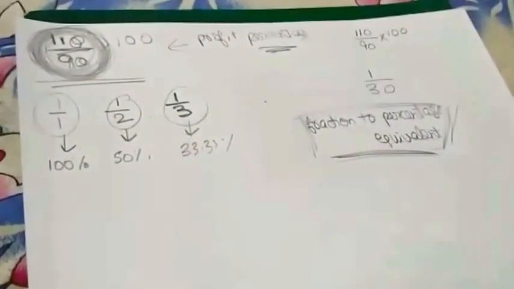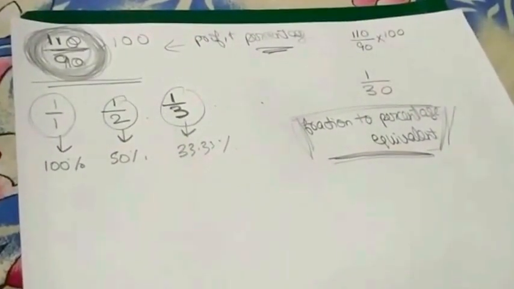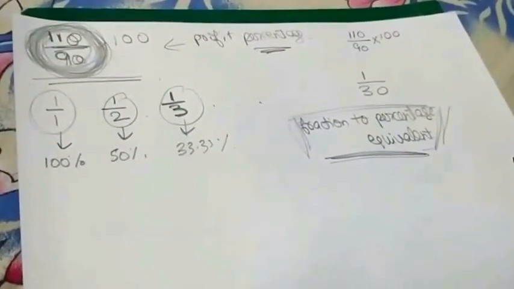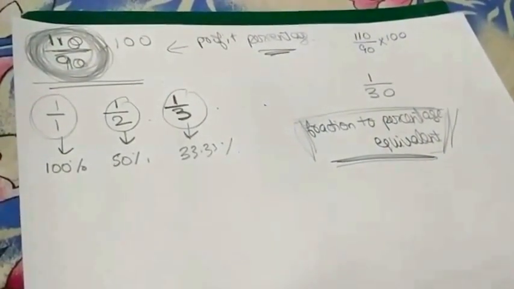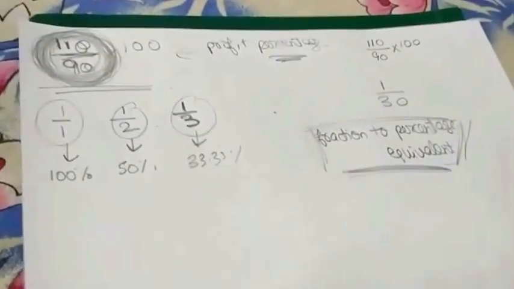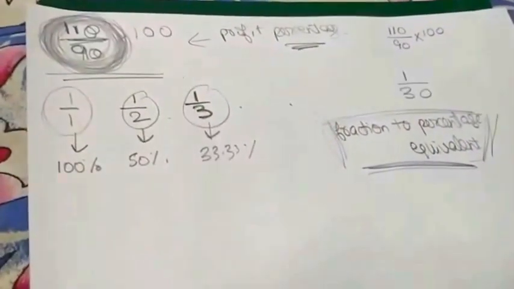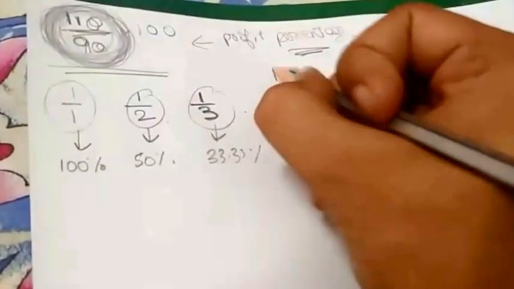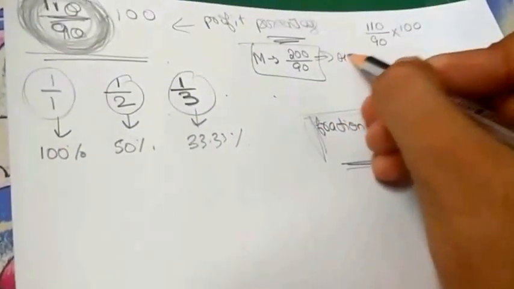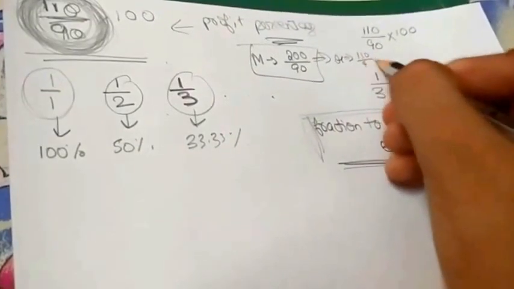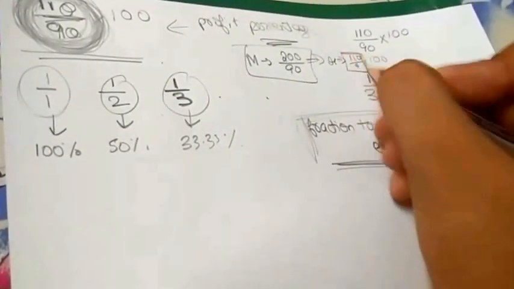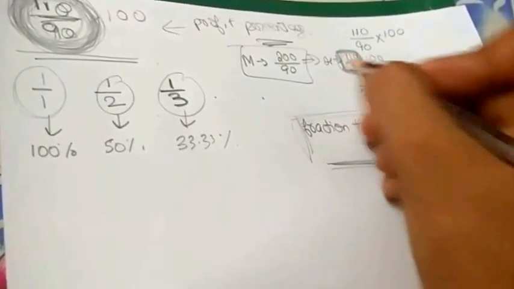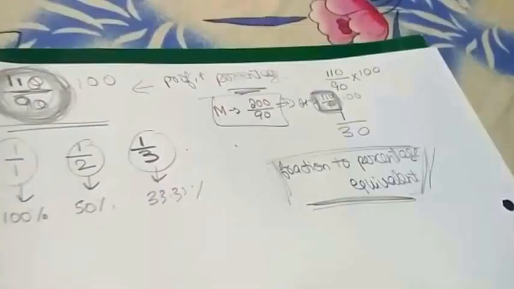For that, don't confuse this with the multiplier. The multiplier M was a different thing, this is a different thing. In this case, the multiplier M was 200 by 90, and from there we reached R as 110 by 90 into 100. And now I'm telling you that you can do something about this 110 by 90 as well.